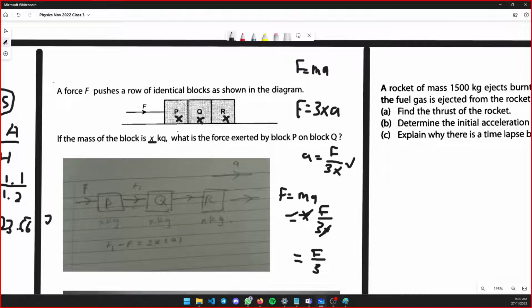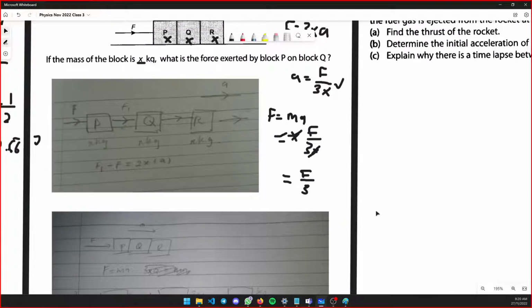They didn't mention anything about resistors or friction, so everything is just F over 3. All of them share the same force; they're all acting like one big body.